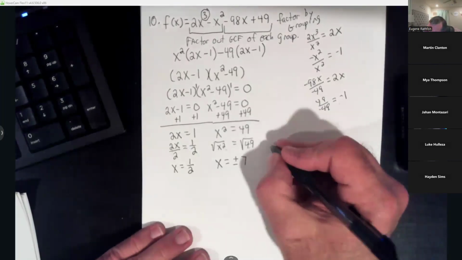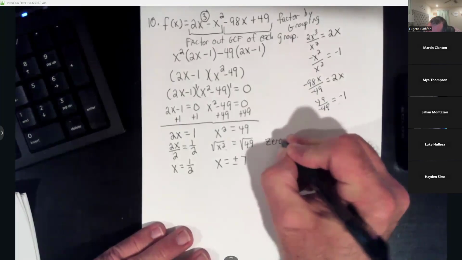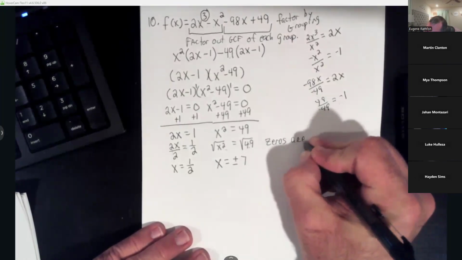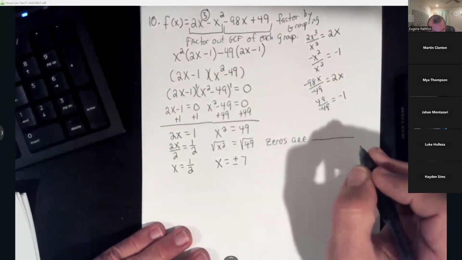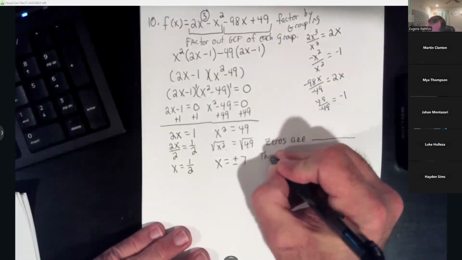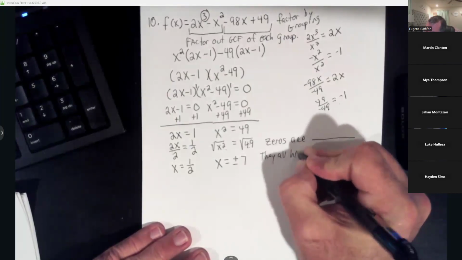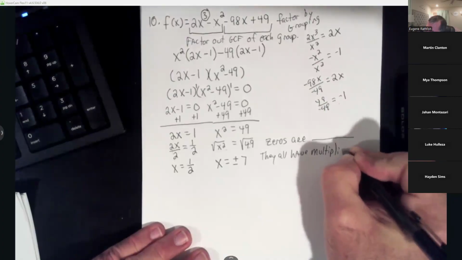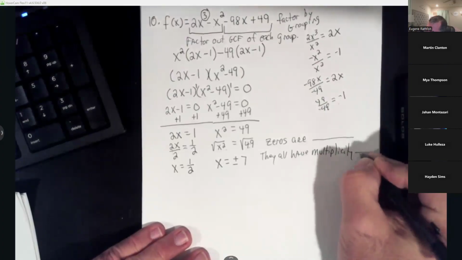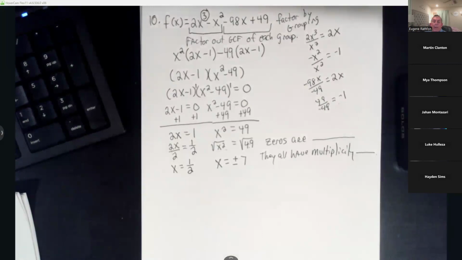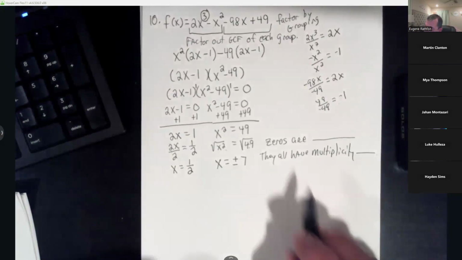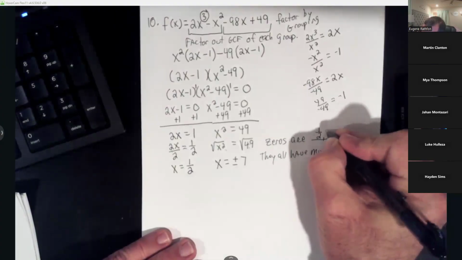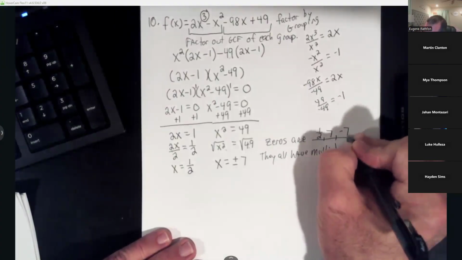So for this one, zeros are blank. They all have multiplicity blank. All right, so my zeros are 1/2, 7, and -7.